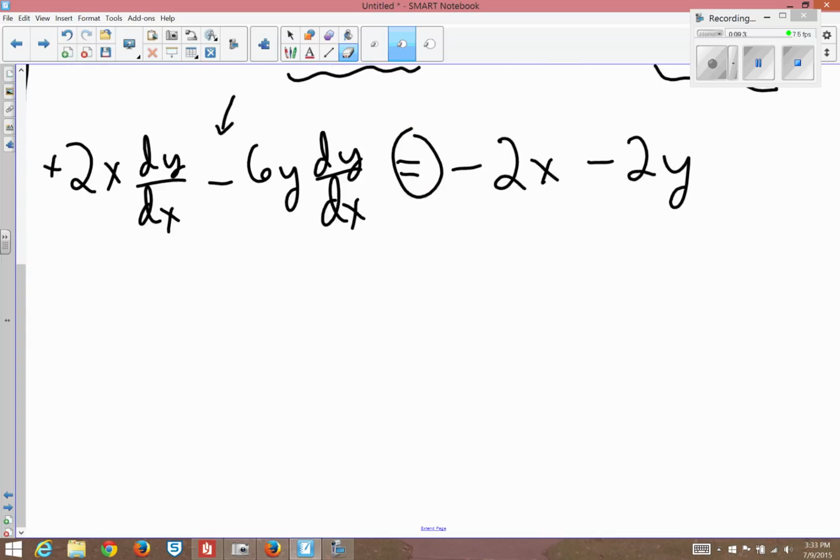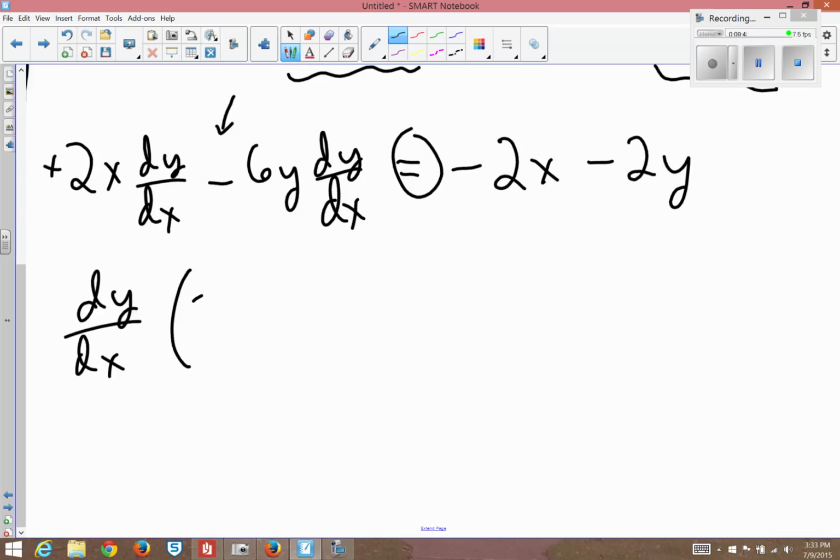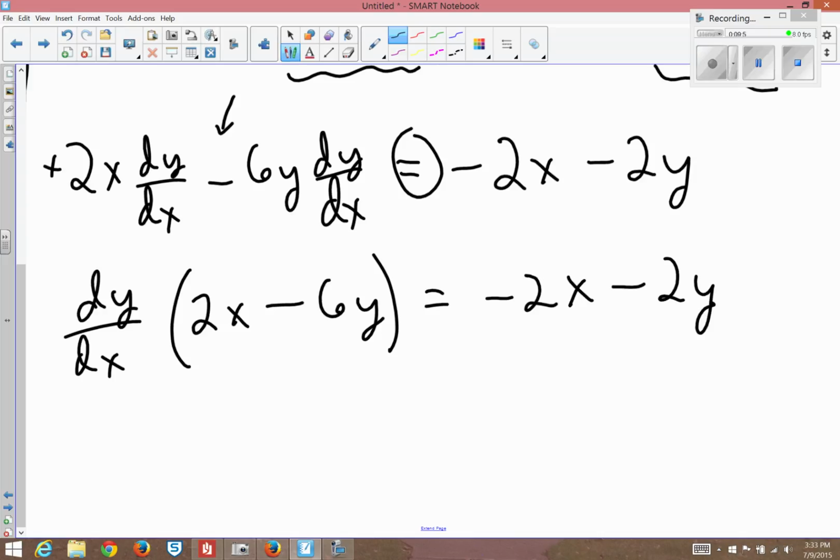So once we've separated all the terms with dy dx from all the terms that do not have dy dx, then we factor out the dy dx since it's in every term. So dy dx that's common here is factored out in front.